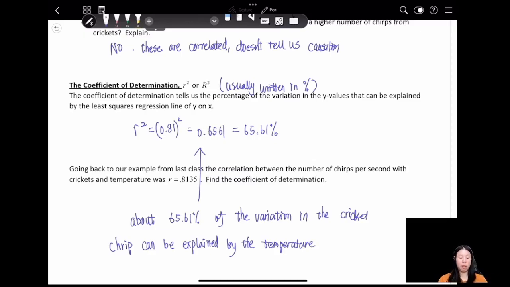So remember, R squared is the coefficient of determination. That tells you what percentage of the variation in Y can be explained by X. So it's Y. Oops. Why would I keep writing that? I say it right, but I write it wrong. So this is Y can be explained by X.